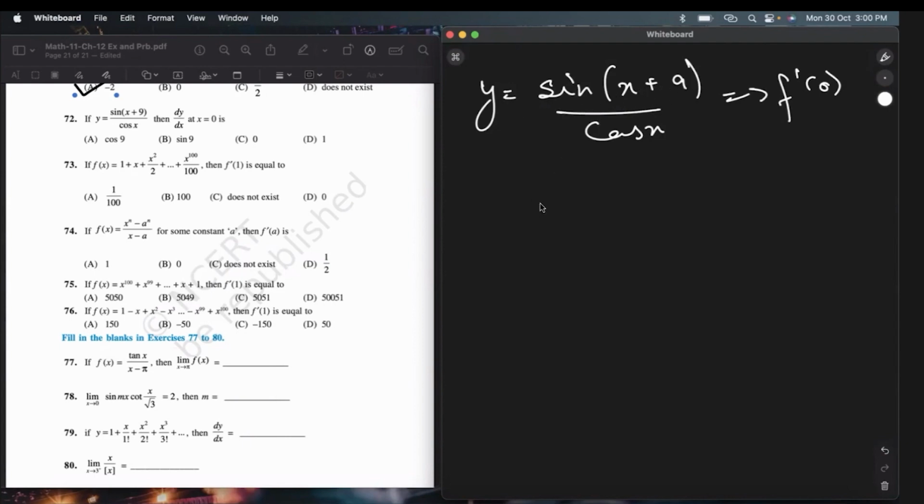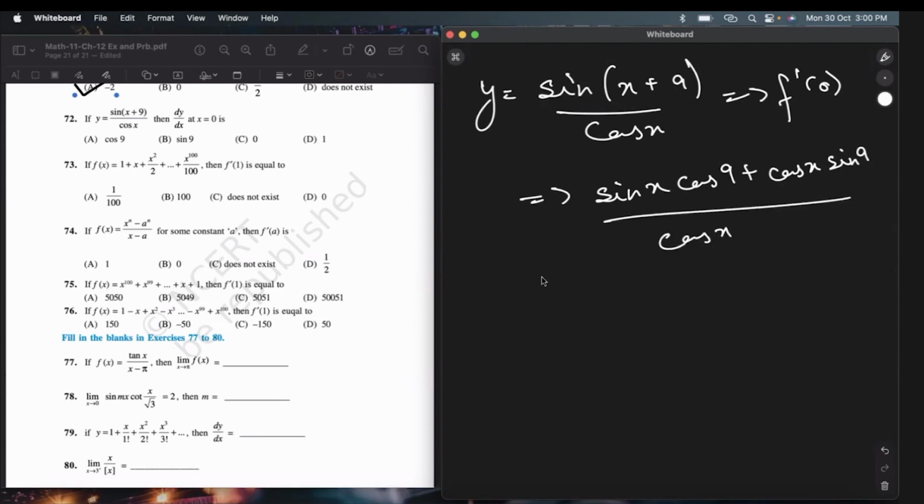So what am I being left with? Here will be sin x cos 9 plus cos x sin 9. This 9 will be in radians, okay, and divided by cos x. Now, I can still simplify it further by separating these two terms with the same denominator. I will get tan x cos 9 plus sin 9. So this is the new y that I have.